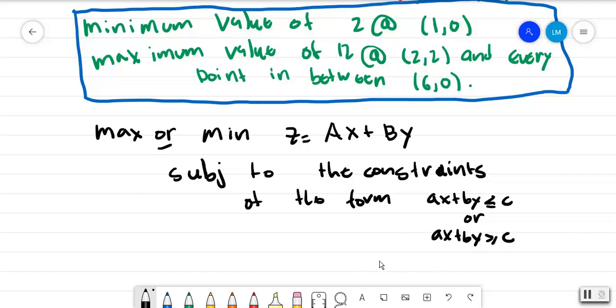But most of the time the last constraints are that x and y are both positive. So be sure that you look at those different examples where you're restricted to the first quadrant and you're using maximize or minimize.